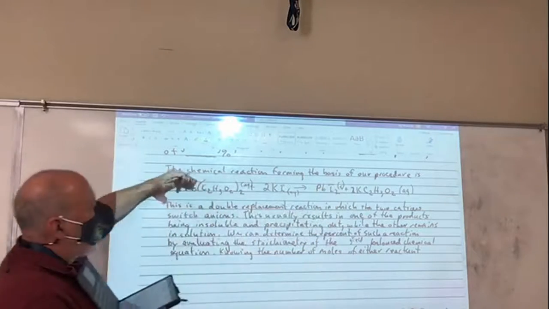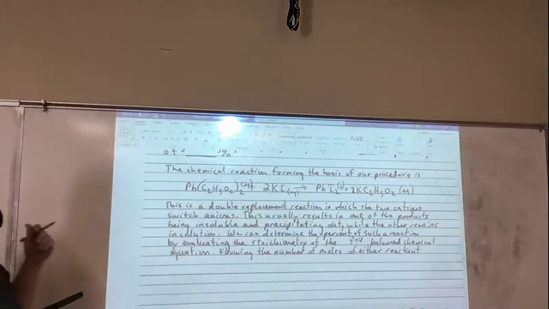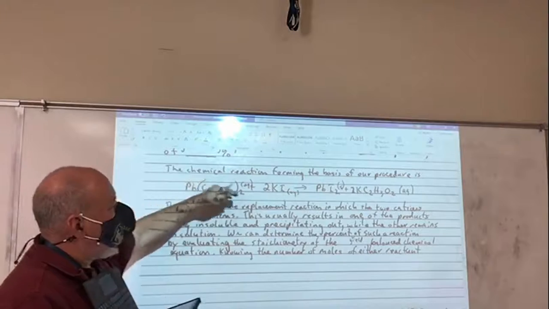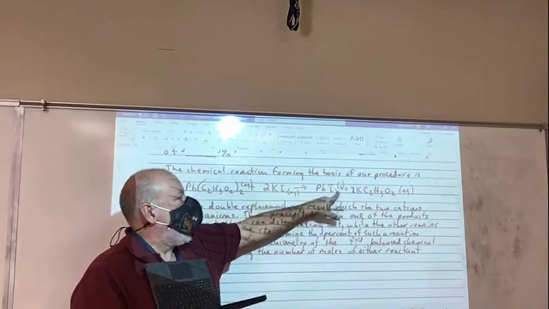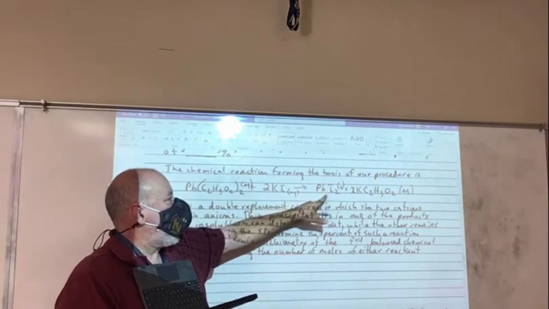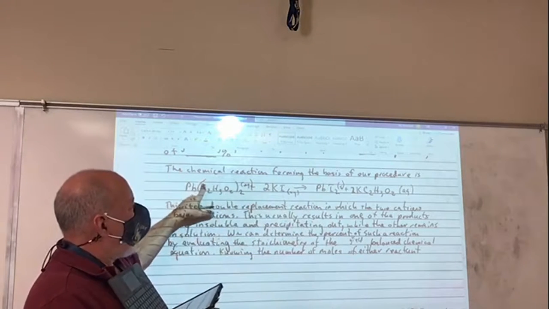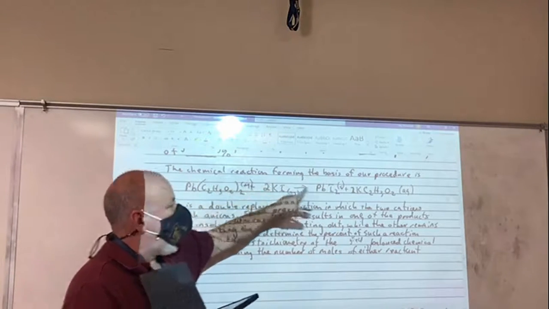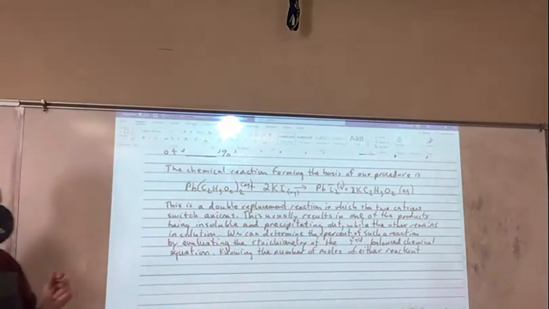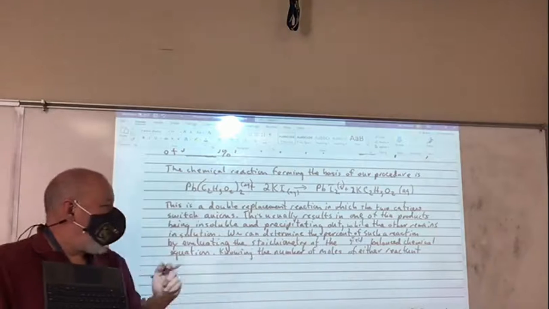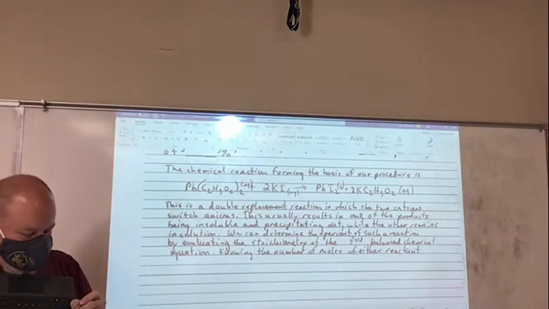So this is why we need a balanced chemical equation, so I can do all kinds of things with this stoichiometry. I can figure out everything I need to know about this by knowing something about this, or something about that.